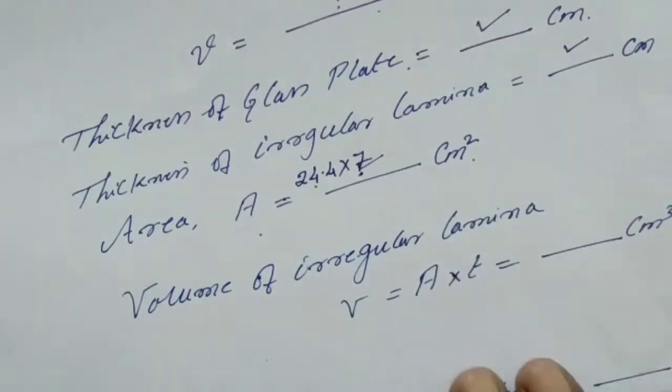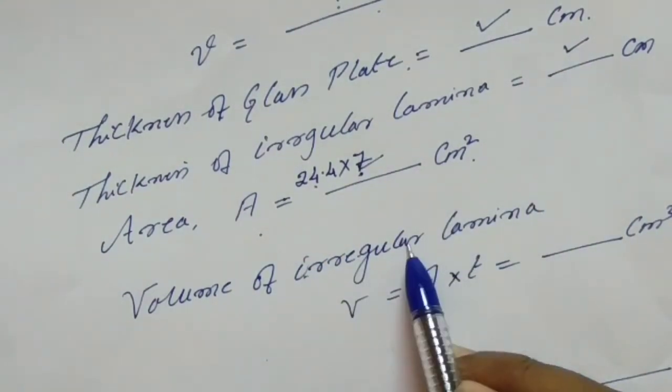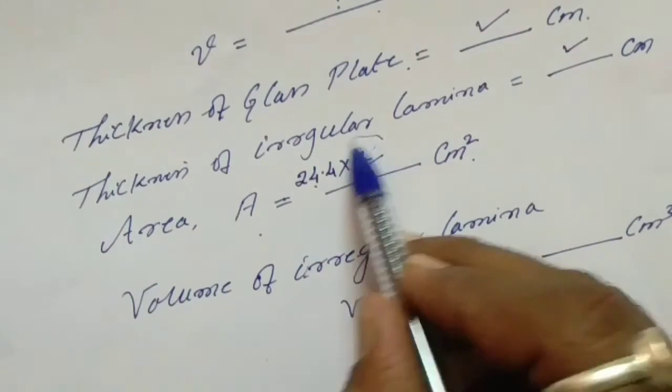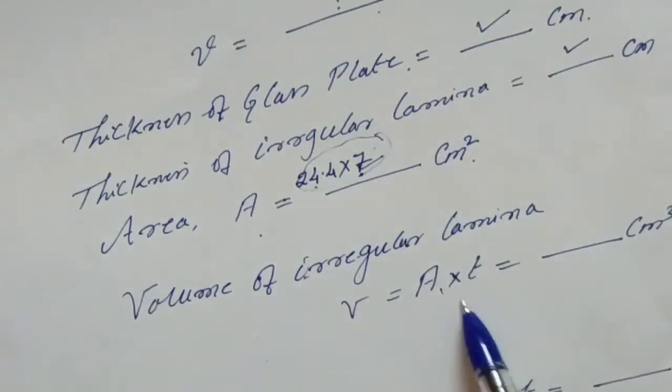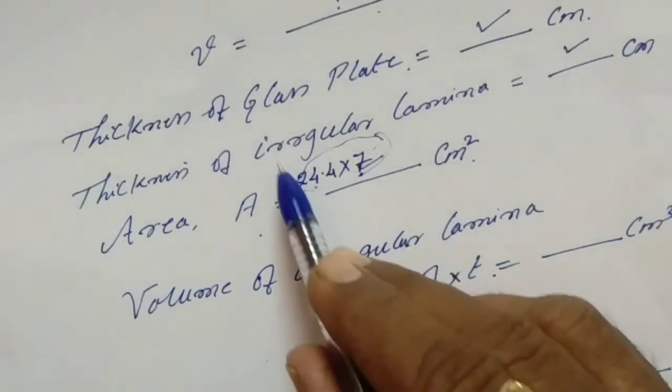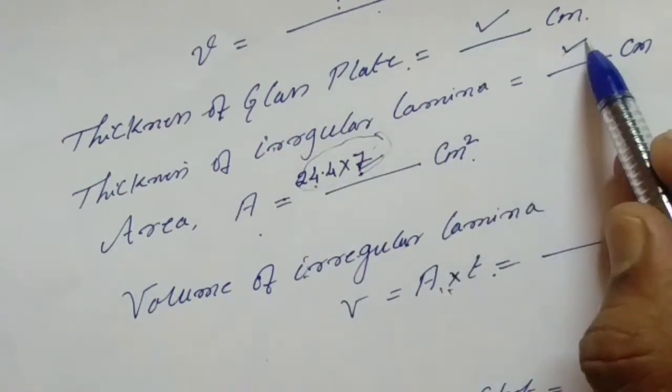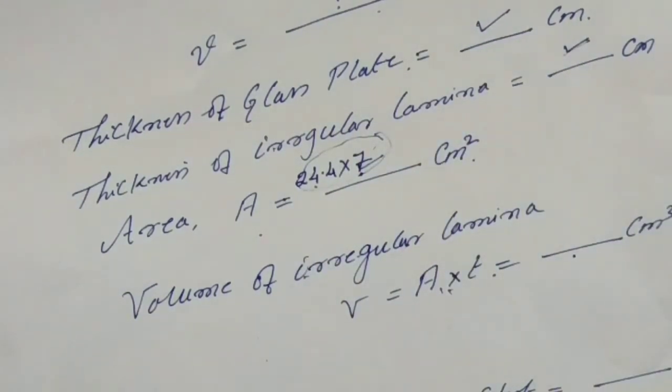After finding the area of the irregular lamina, multiply by the thickness of the plate. Please find the thickness of this.